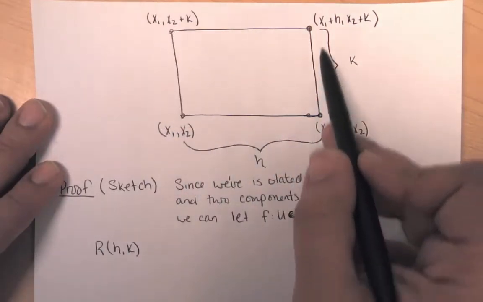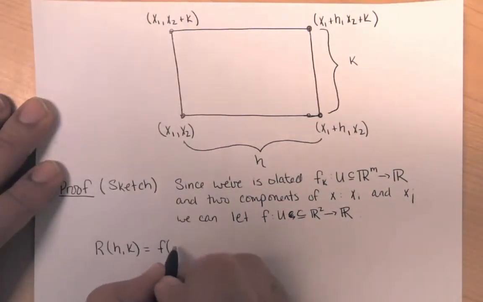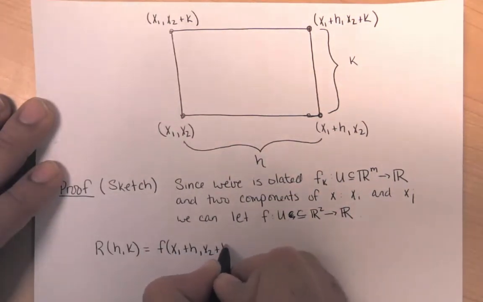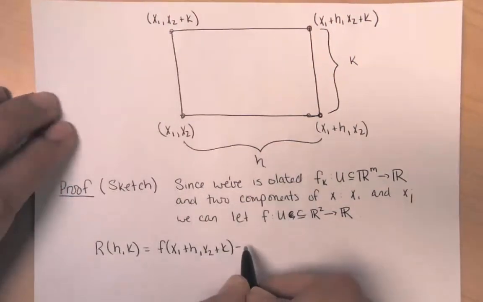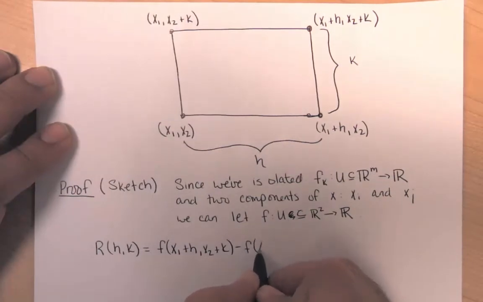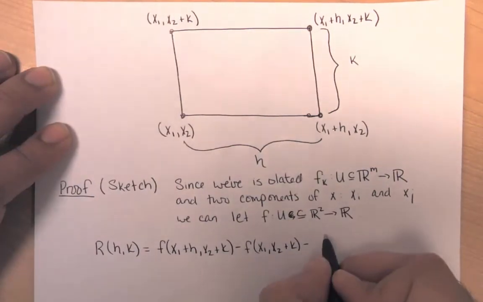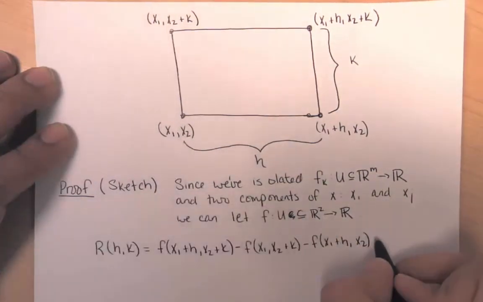And then we go in the x2 direction by an amount of k. So we'll let r be the difference between f evaluated here minus f evaluated at these two corners, plus f evaluated here.